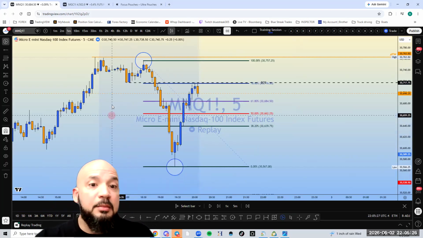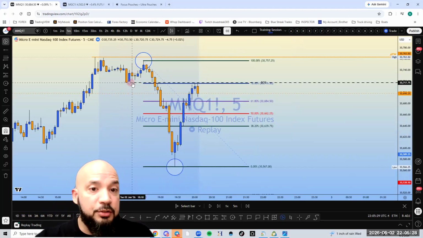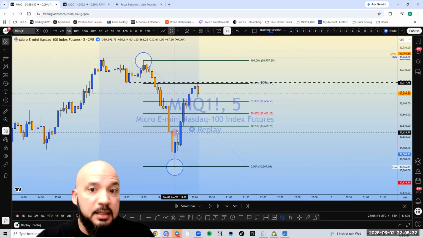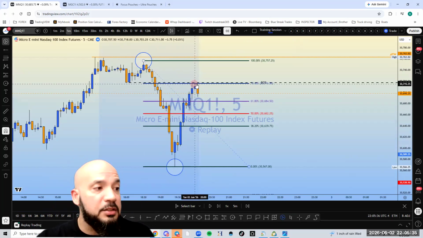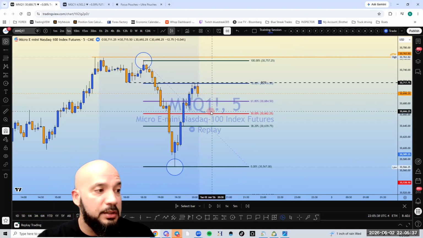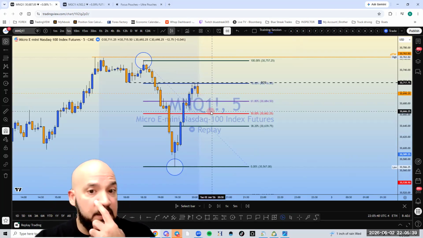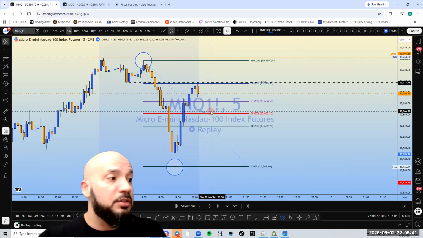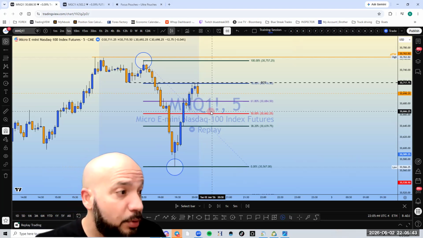The price ended up coming back to the break of structure, which price, when it breaks structure, has a tendency to come back to retest structure before continuation. That is a market structure lesson, Kevin, for you. It's in the market structure class. This is very important.